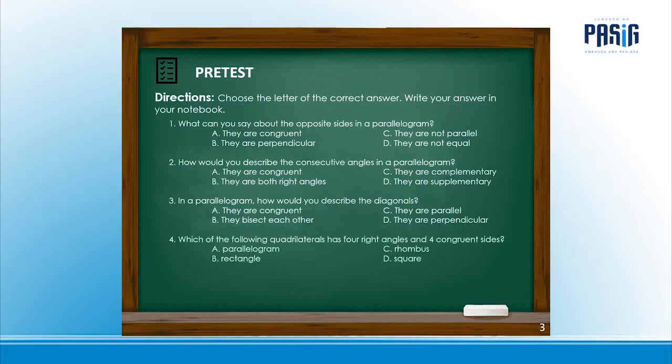Number 4. Which of the following quadrilaterals has 4 right angles and 4 congruent sides? A. Parallelogram. B. Rectangle. C. Rhombus. D. Square. Your timer starts now.